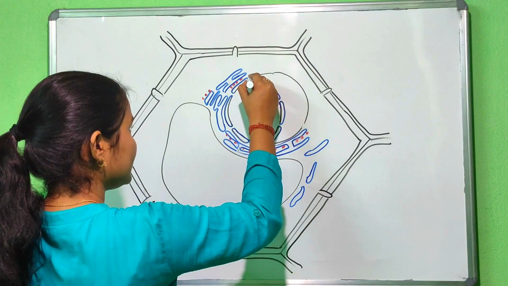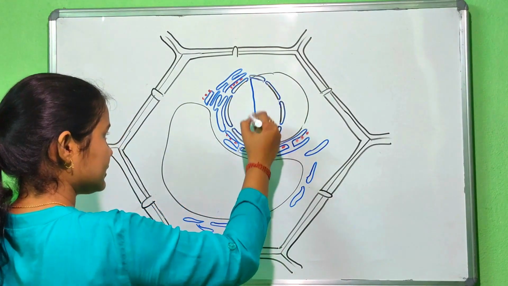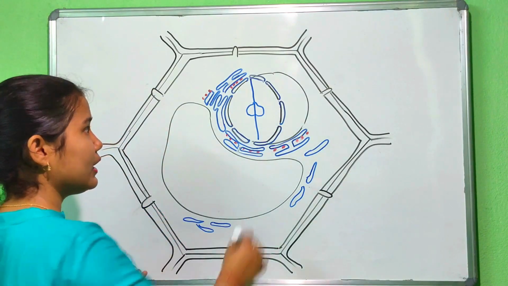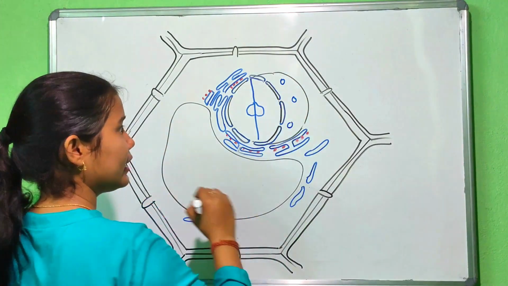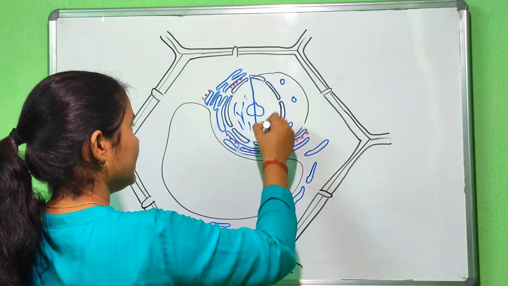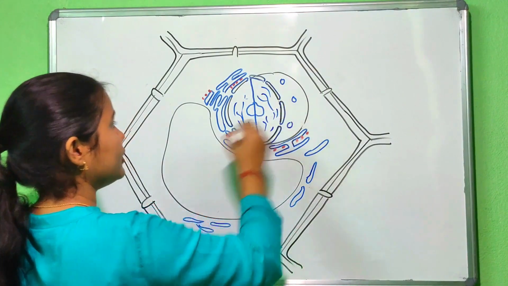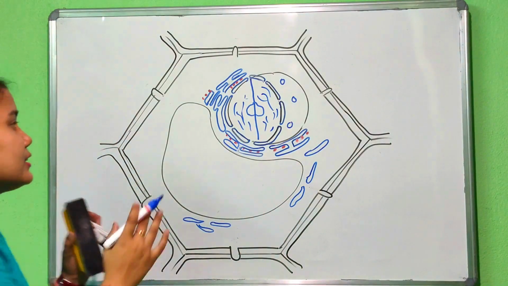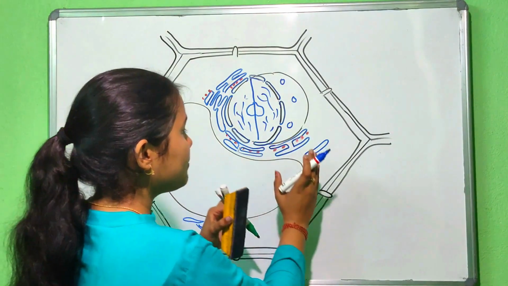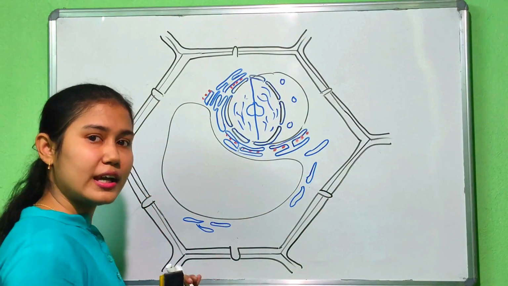Now, considering the axis, in the middle is the nucleolus. Then there are many chromatin networks inside the nucleus. Okay, this is the diagram of the nucleus along with rough endoplasmic reticulum and smooth endoplasmic reticulum.